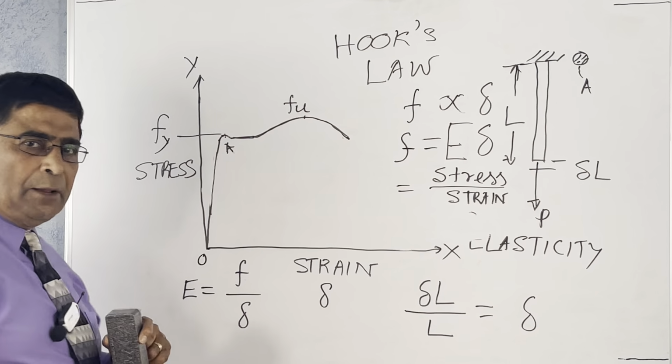So at this point, if you draw a vertical line, this shaded area is the strain energy. It saves the energy, and when the force is taken out, it releases the energy. So this is the strain energy. Now what happens? This is the E. I told you E, right?